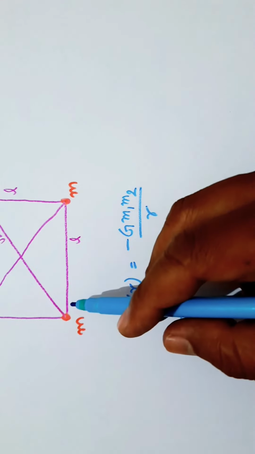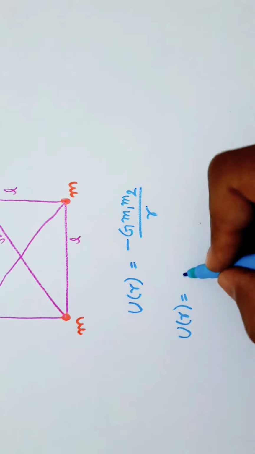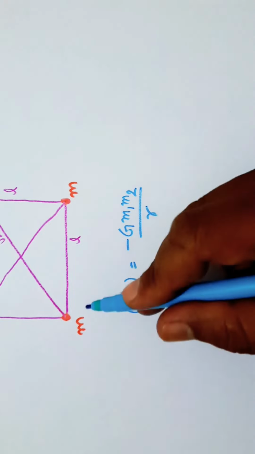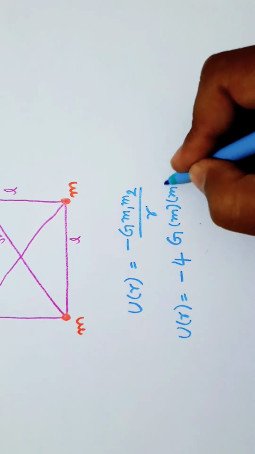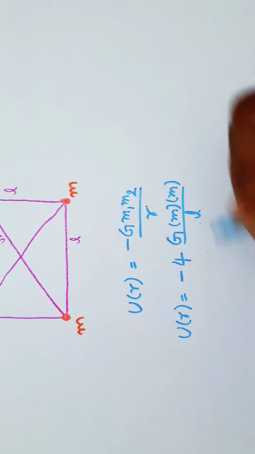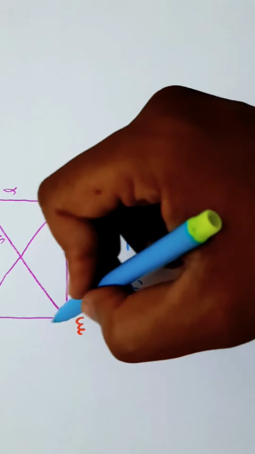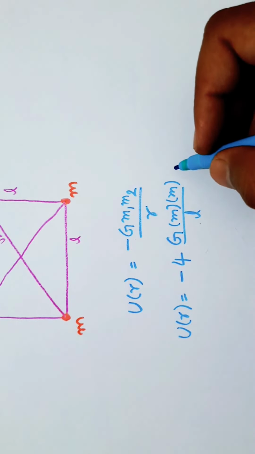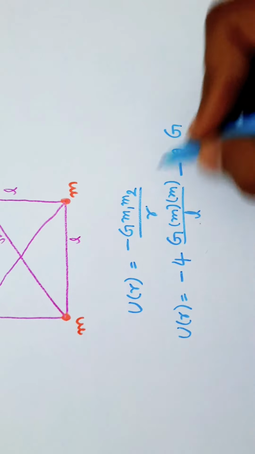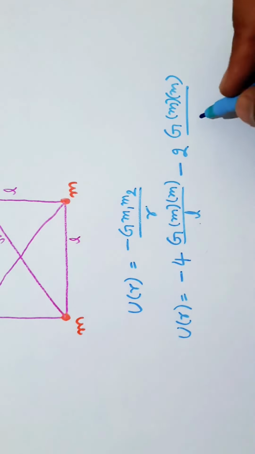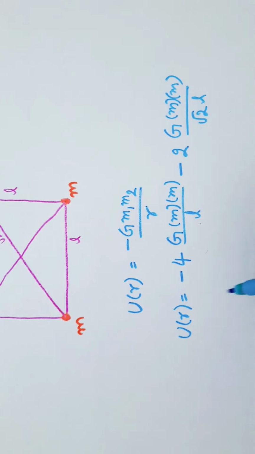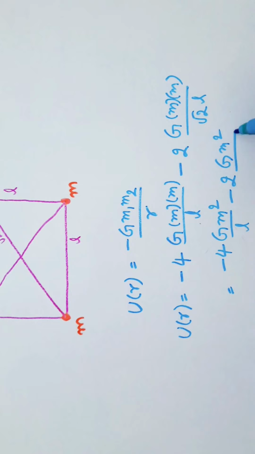Here we have 4 mass pairs at a distance L. So that is minus 4 G into here m1 is equal to m, m2 is equal to m, by the distance between two masses, L, and 2 diagonal pairs at a distance root 2 L. So that is minus 2 into G, here m1 is equal to m, m2 is equal to m, by the distance root 2 L. So that is equal to minus 4 G m square by L minus 2 G m square by root 2 L.